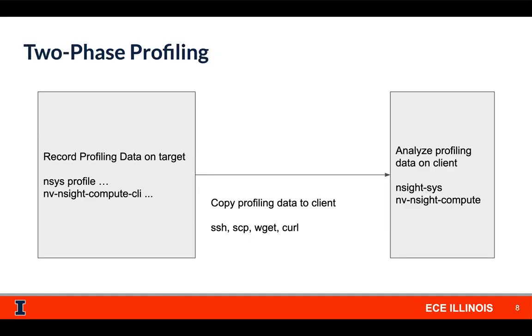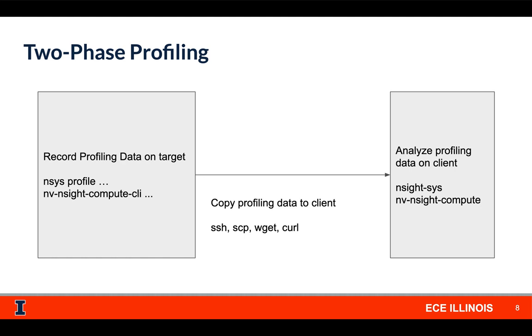To that end, we're going to do a two-phase profiling approach where you record profiling data on the target as your application executes there, whether it's with NSYS or Nsight Compute, depending on what you're trying to do.